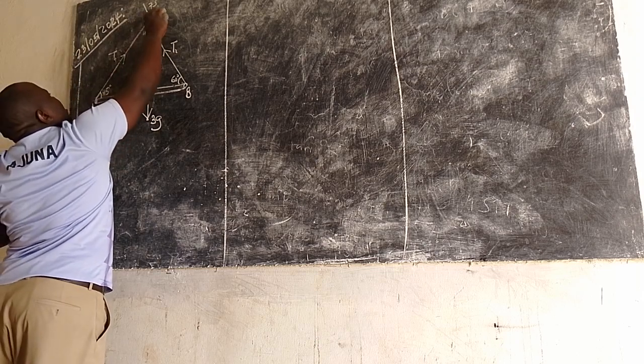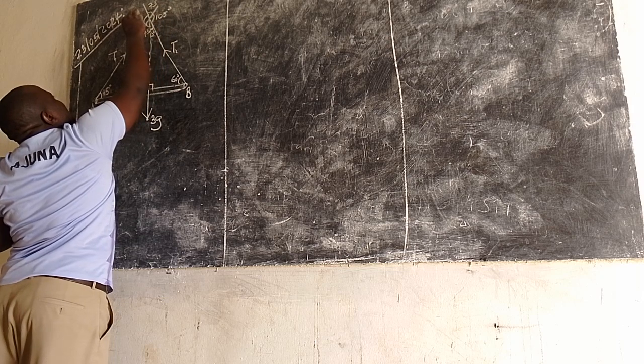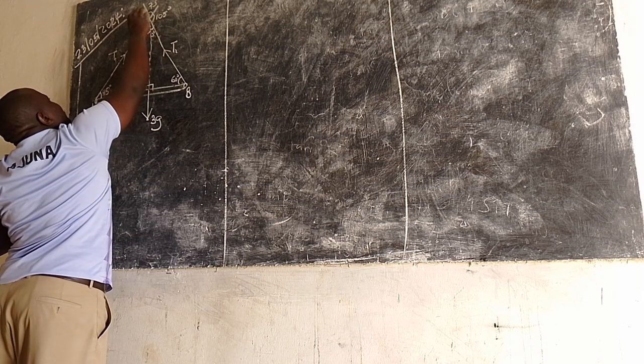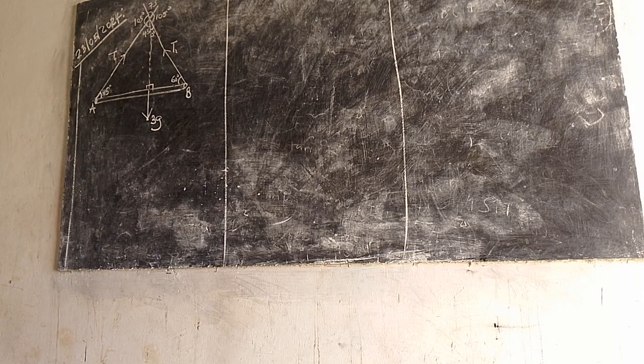So this is 105 degrees, and this is 105 degrees. Are we together? By the way, why am I struggling? They are asking for the tension in the strings, and I want to use Lami's theorem.